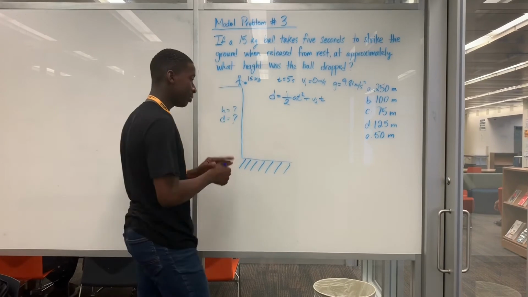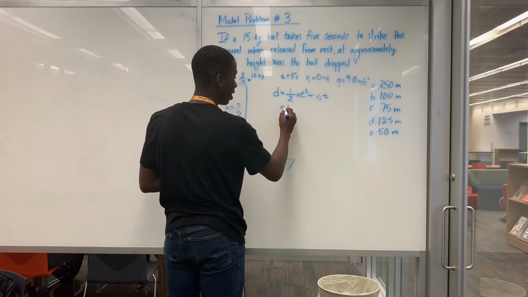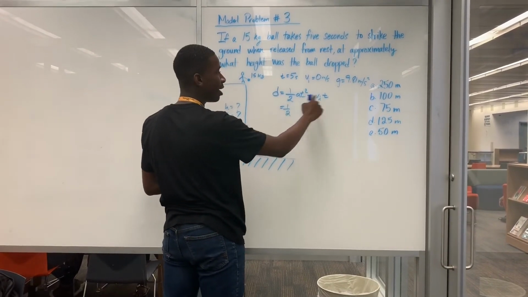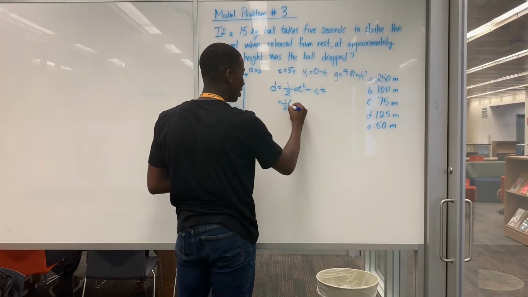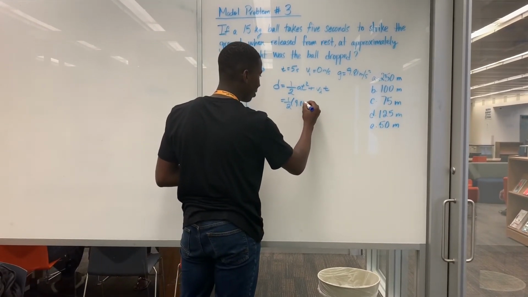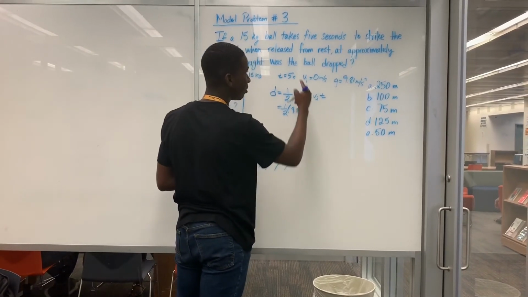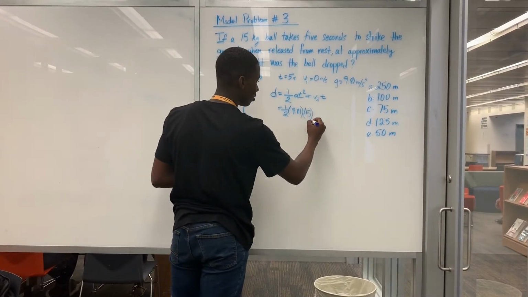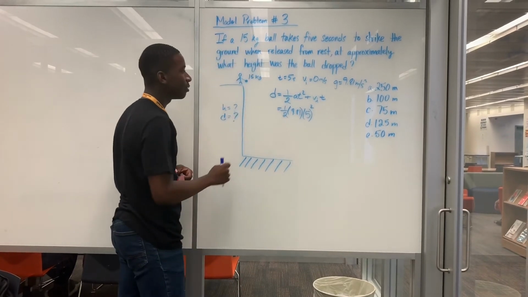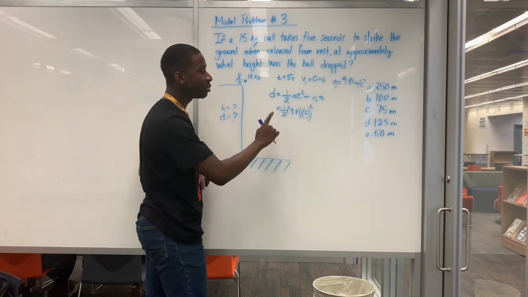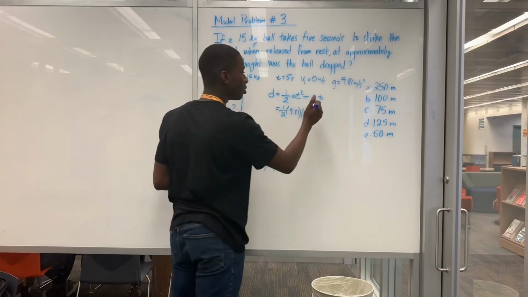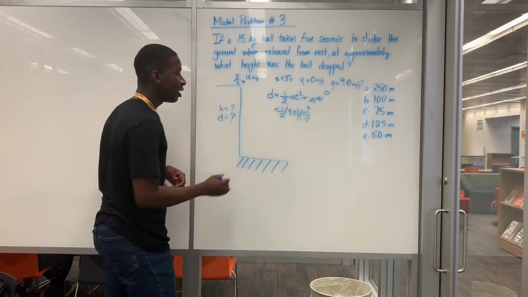Now we can substitute. So 1/2 times a, and a is gravity. So put that in, 9.81. And now t, 5 squared. Now the initial velocity is 0, and we know 0 times anything will be 0. So we know that that's 0.